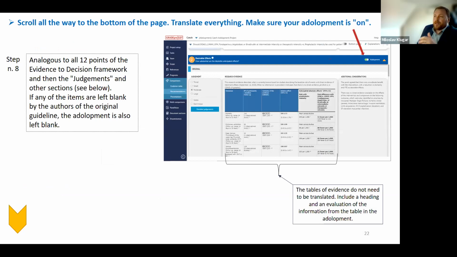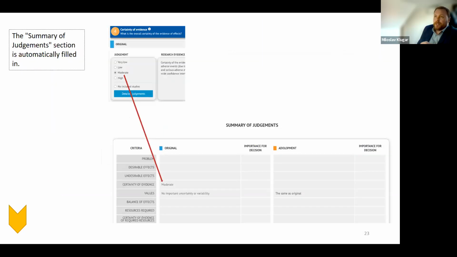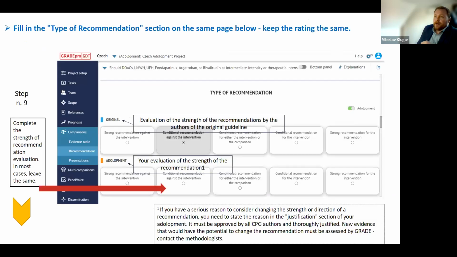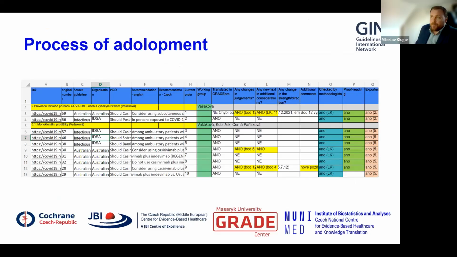So these are just other examples from the guide. And finally, this is the process of development. We were also developing and double checking all that we did with our team, so there were some internal processes for it outside GRADEpro as well.